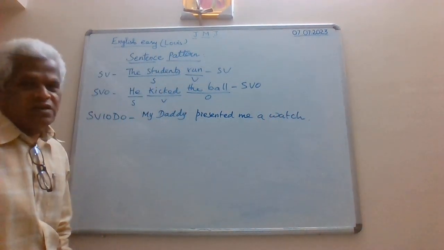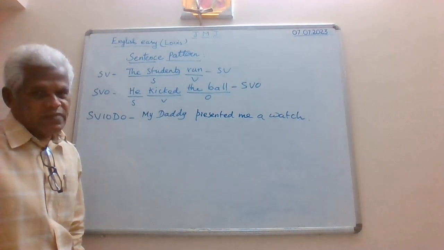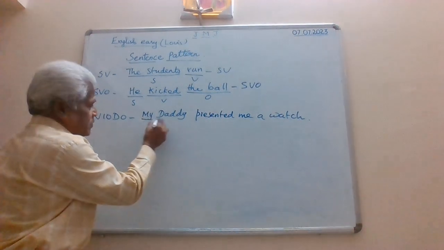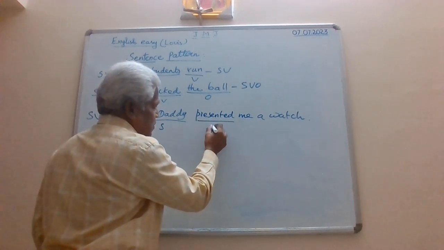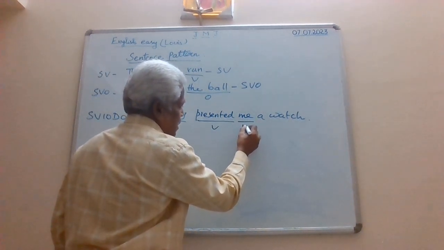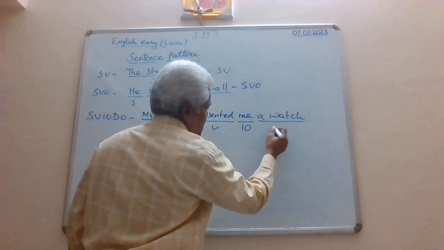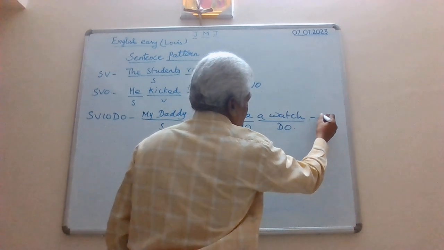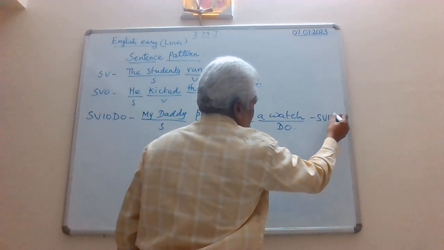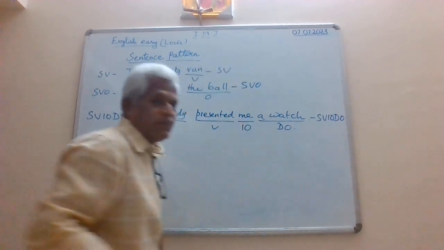What is your subject here? My daddy is your subject, presented is the verb, me is known as the indirect object, a watch is known as the direct object. So therefore this is known as the SVIODO pattern.